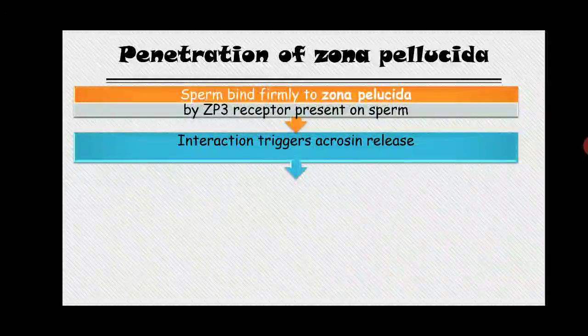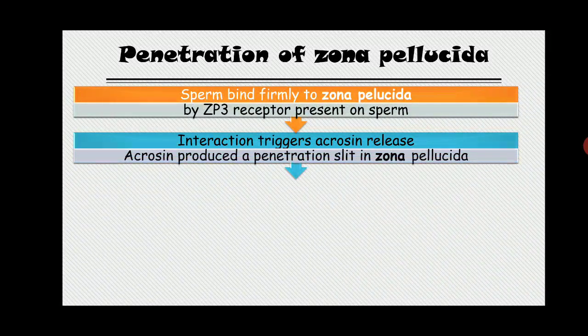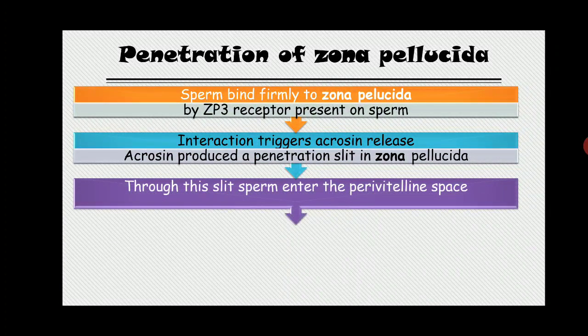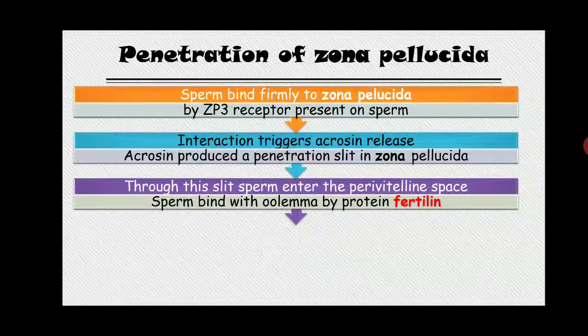Now this acrosin will eventually produce an aperture, or penetrating slit, inside the zona pellucida, and through this slit the sperm will enter inside the perivitelline space. Now what is the perivitelline space? Again, it is the space that is present between the zona pellucida and the oolemma, or the oocyte membrane, and the sperm binds with the oolemma by the protein fertilin.